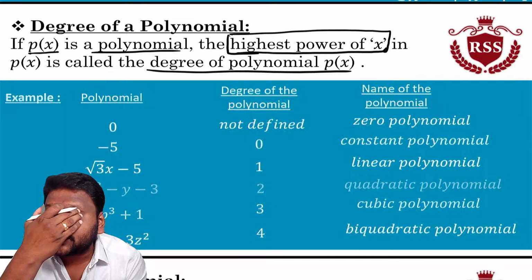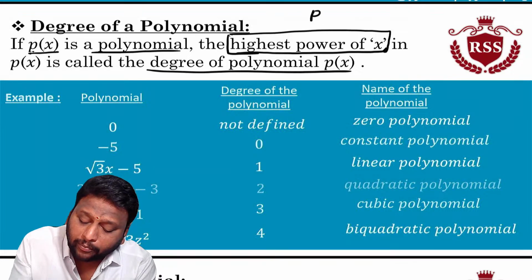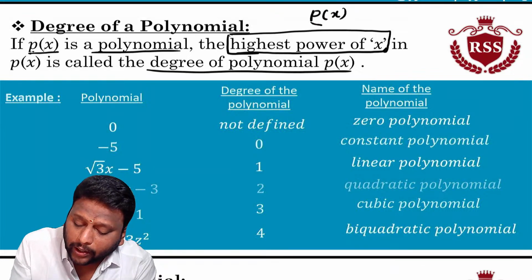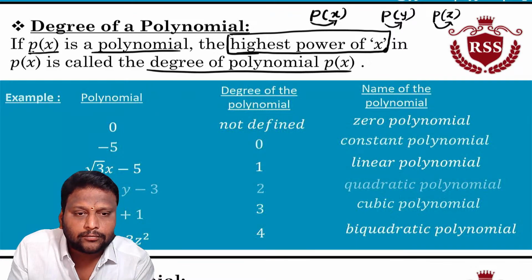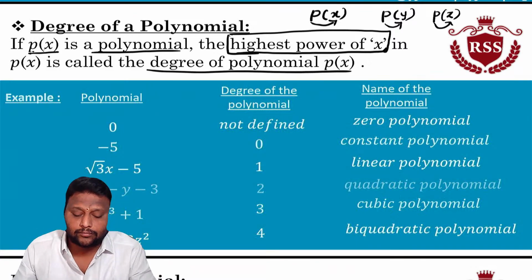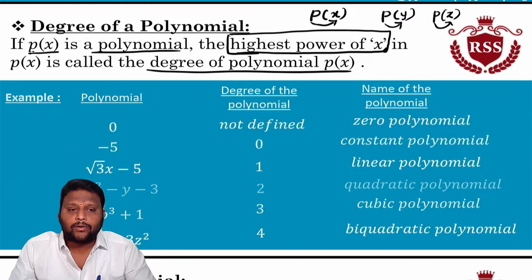P of x means polynomial in x. If it is p of y, polynomial in y. If p of z, polynomial in z. Got it? What is the degree of a polynomial? Highest power.